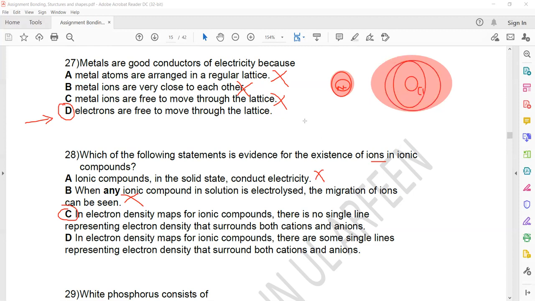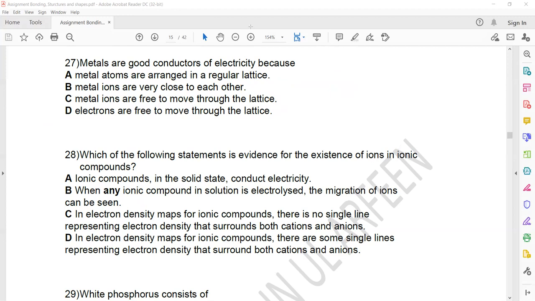They will not combine, they are actually separated. So C is the right answer. If they ask for covalent, then the electron density map has single lines representing it. So statement D is representing covalent compounds, not ionic compounds.